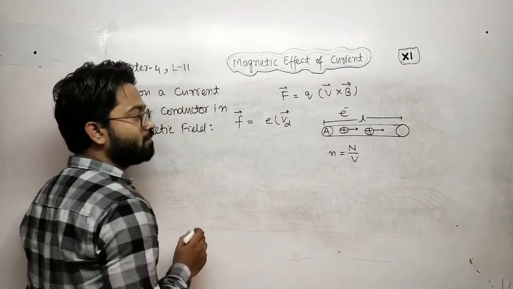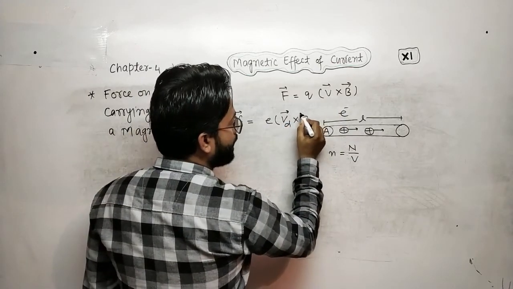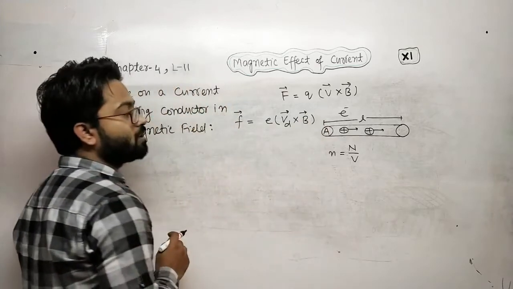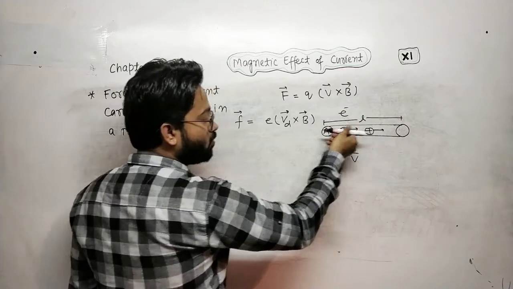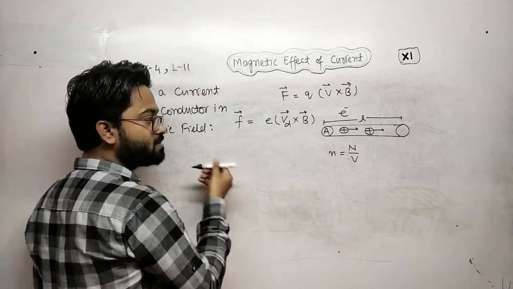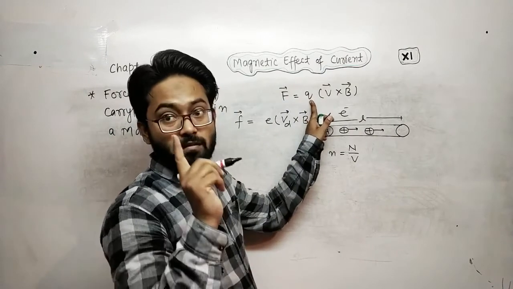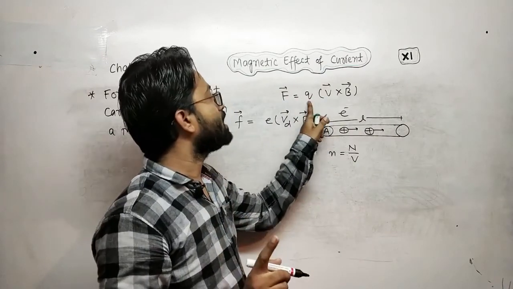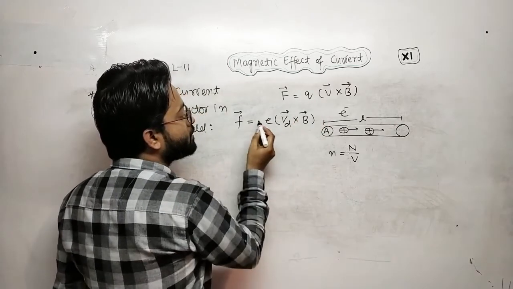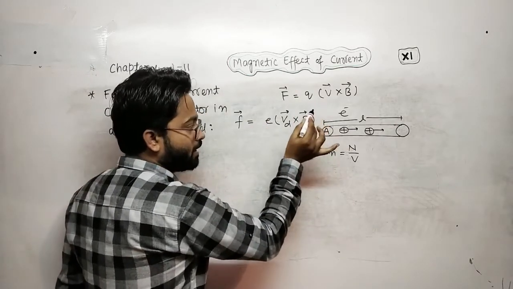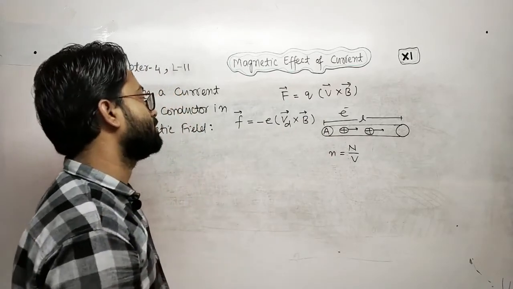In this formula the charge should be positive. If the charge is negative, there will be a negative sign. The electron is a negative charge, so we will place a negative sign here.